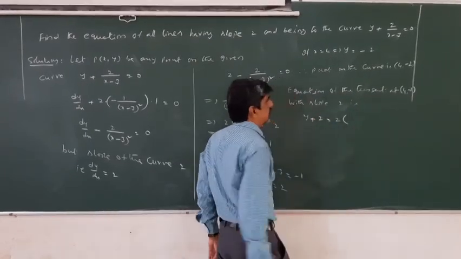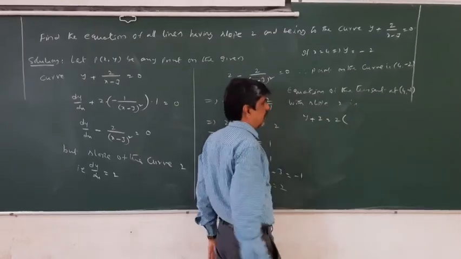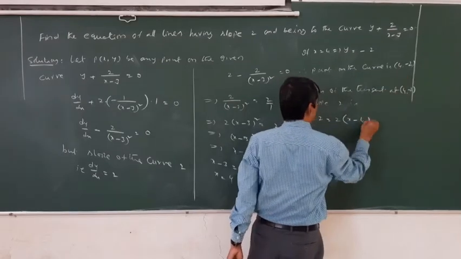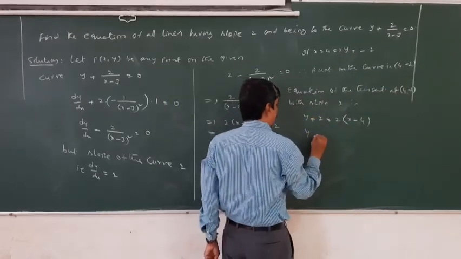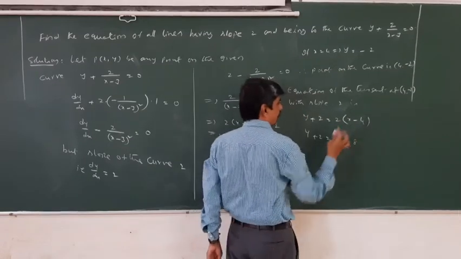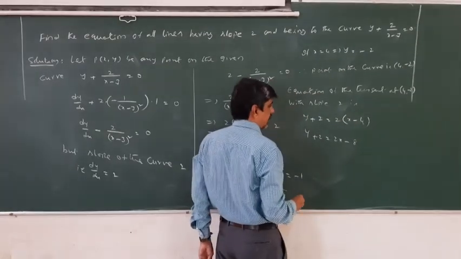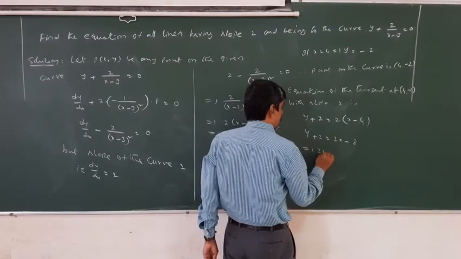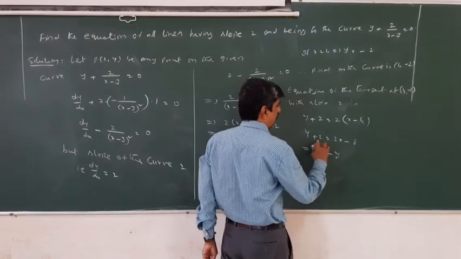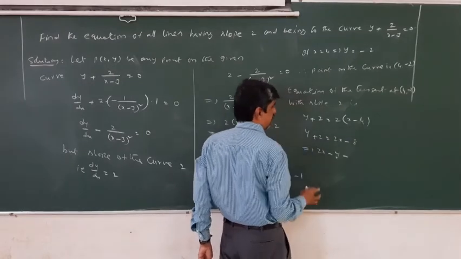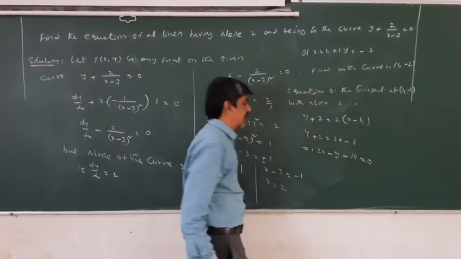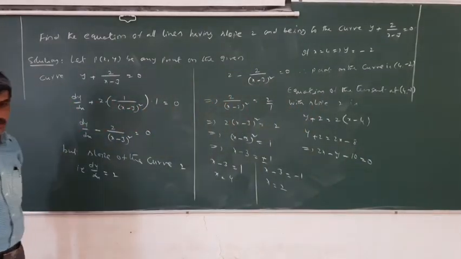M is the slope of the curve, 2, into x minus x1, which is 4. So y plus 2 is equal to 2 into x, 2x minus 2 into 4, 8. So this implies 2x minus y, and plus 2 is also shifted to the side, already minus 8 there, minus 2. Minus 8 minus 2, minus 10, is equal to 0.